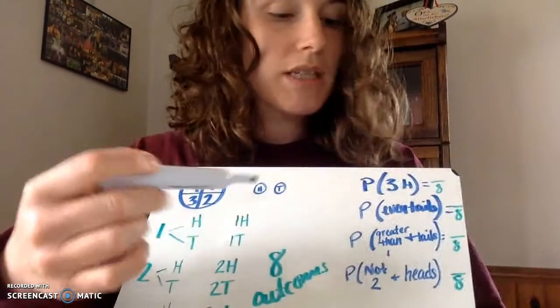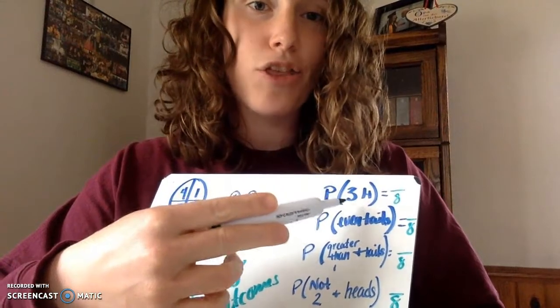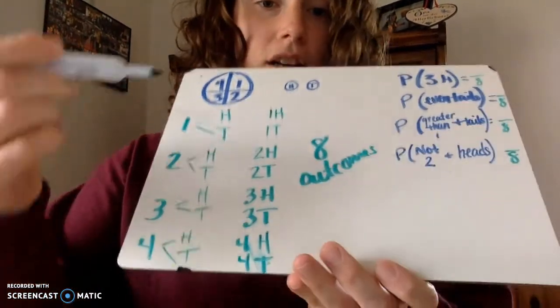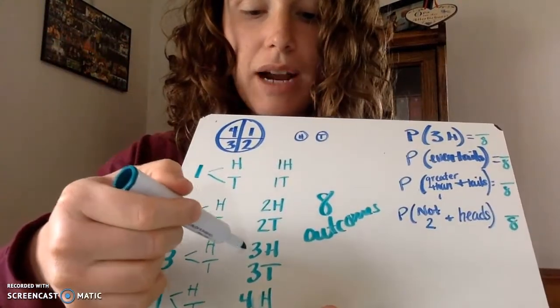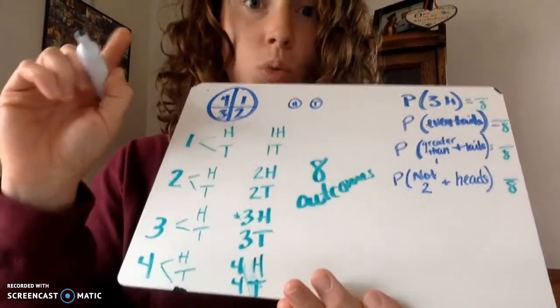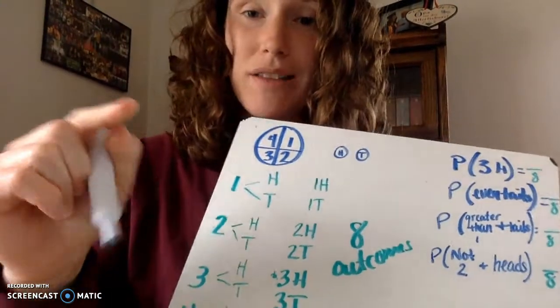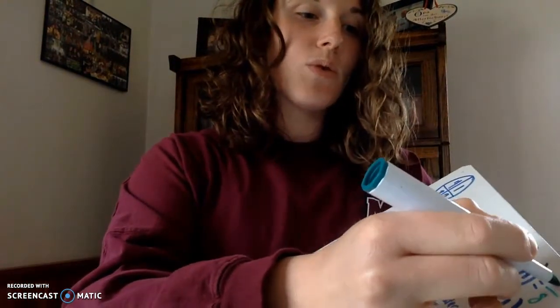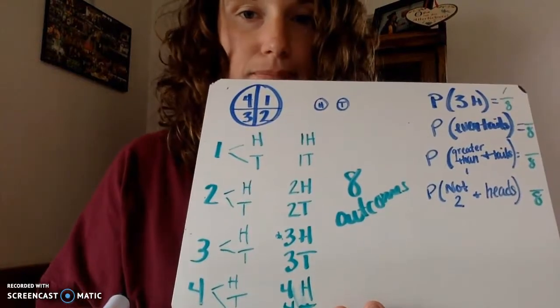The first one was the probability of getting heads and a 3 together. So I look at my outcomes and I go, right there. That's 1 time. It only happens once. So my probability is 1 out of 8.